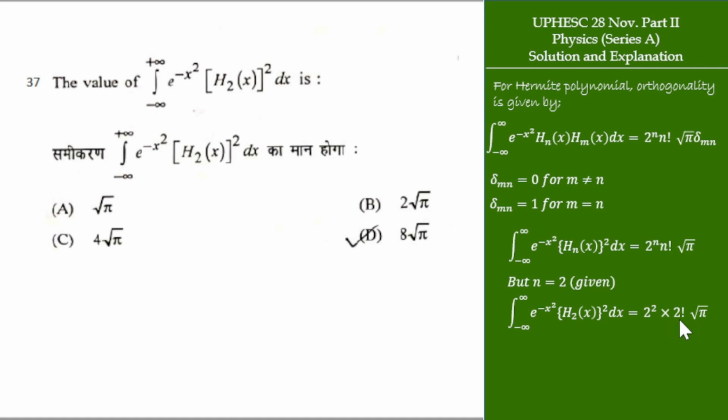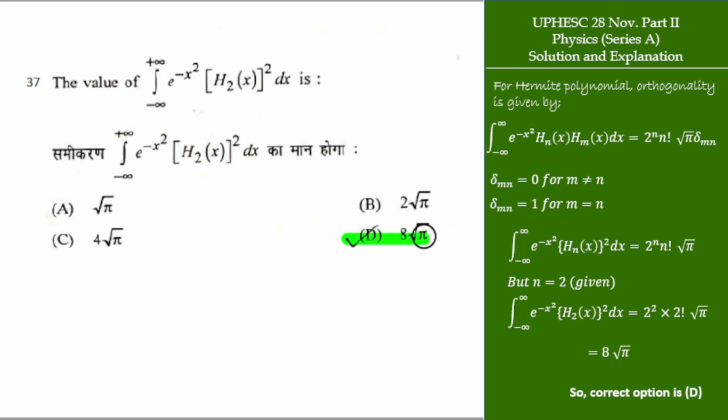Factorial 2 is equal to 2 if you expand this, and 2 to the power 2 provides the value 4. So 4 multiplying by 2 gives you 8, meaning in the right hand side you will get 8 square root of pi. So the correct option for this question is 8 square root of pi, option D.